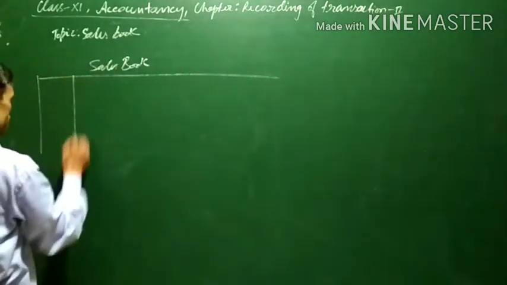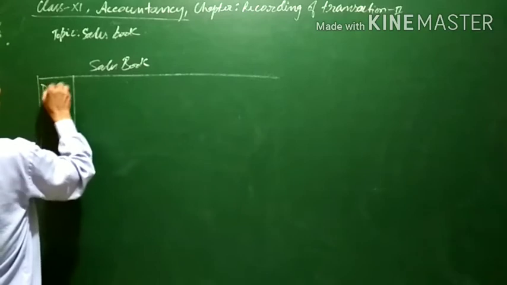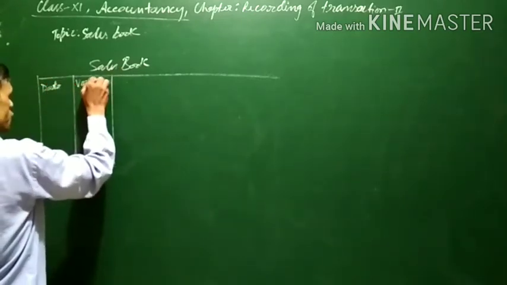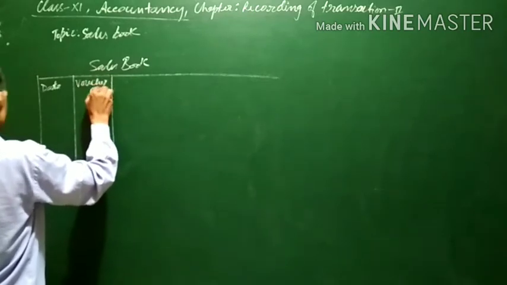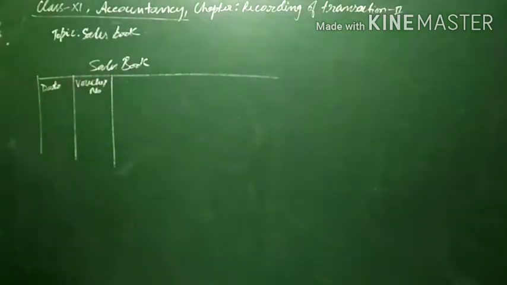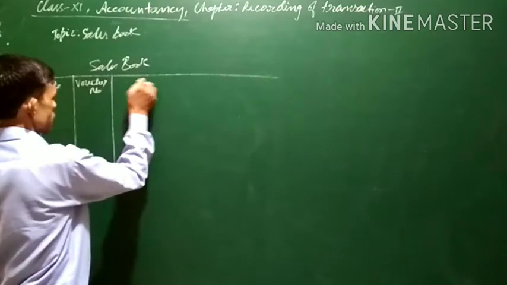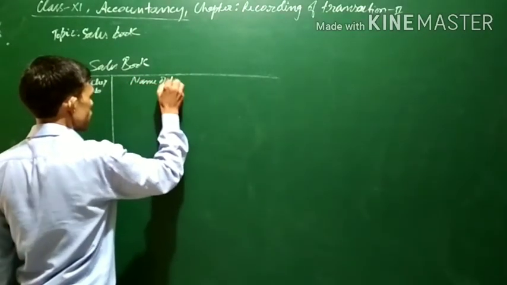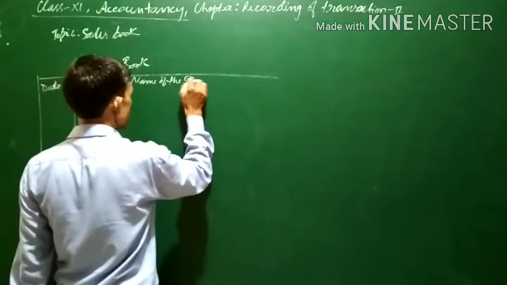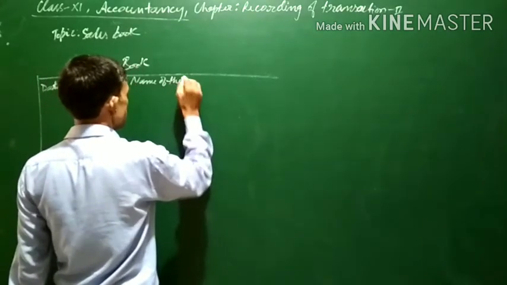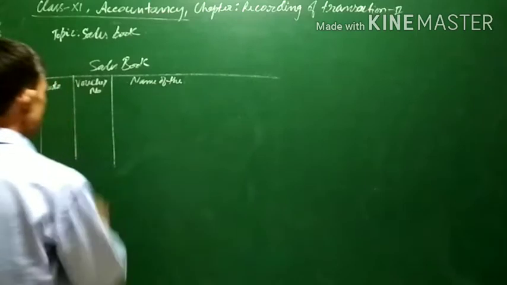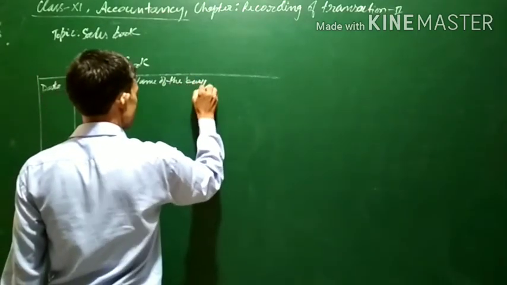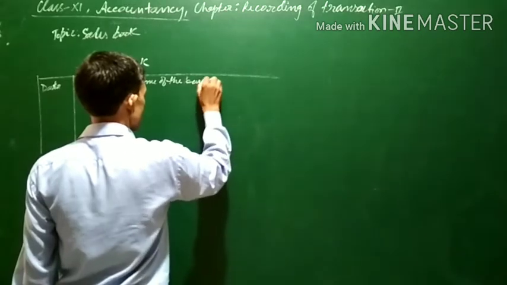First column, date. Second column, voucher number. Next, name of the seller. Actually, in the sales book we will be recording the name of the buyer, because we are the seller.